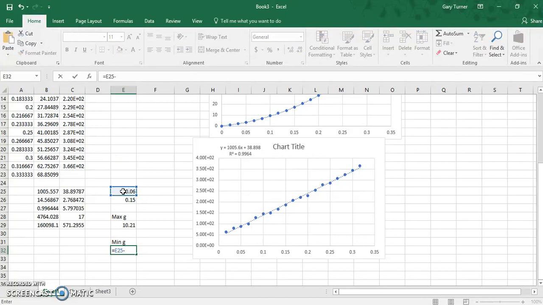What we're really saying is that our measured value of gravity really falls anywhere between these two extrema. So we're claiming that our value is 10.06, but we really don't know any better than to say it's between 9.91 and 10.21.